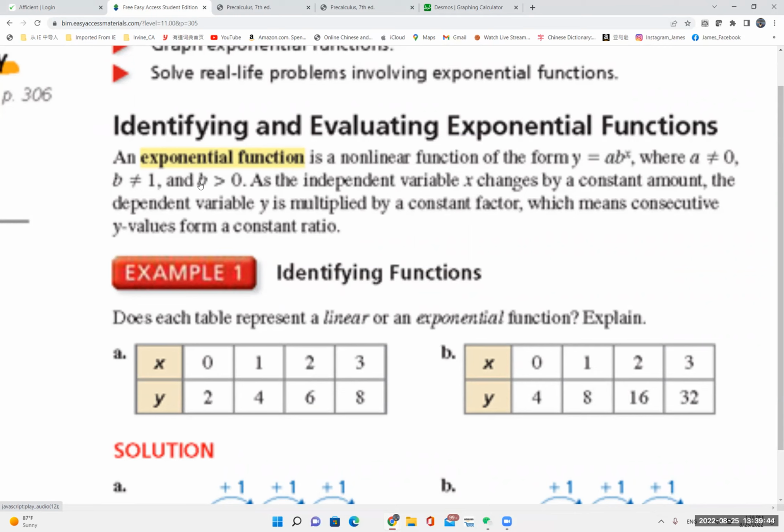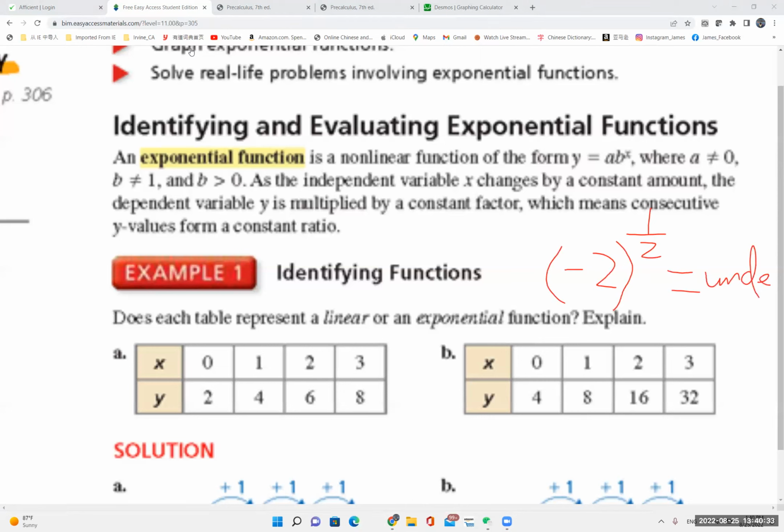Now let's talk about why we require b greater than 0. The reason is, for example, if b is less than 0, like -2, then when x equals half, this is undefined, right?